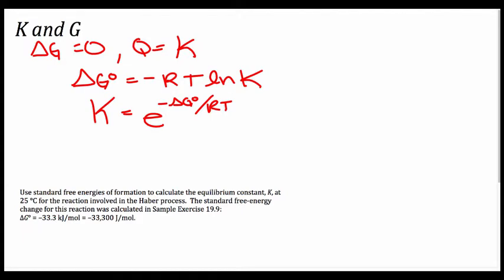Again, it's the same R, 8.314. So when G is 0 at equilibrium, I can put the Q and the K in flip-flop, and I can just plug in 0 and K, and this is what I get.